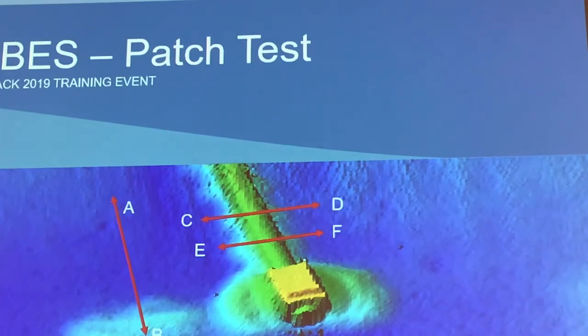So usually after you do your survey, you can see that between the lines there's usually a separation of maybe 10 cm or 20 cm. So you use the patch test to correct for that so that it will all be flat.